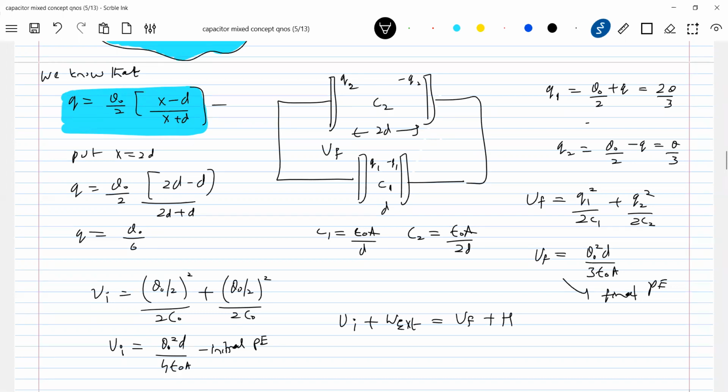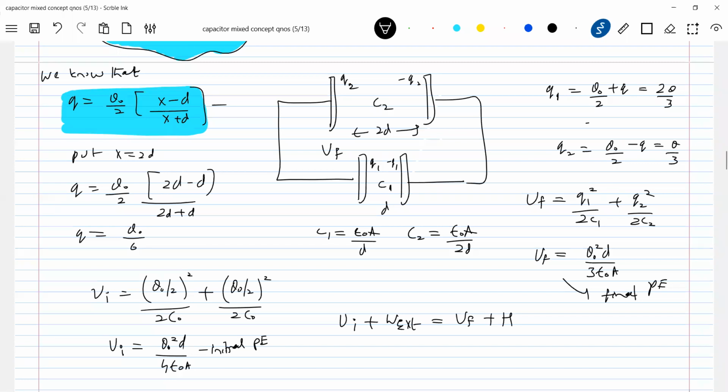Whenever some work done concept comes, there's one basic equation. If you refer to the electrodynamics theoretical book by Irodov, he has put this idea very beautifully: for any capacitor circuit, initial energy of the system plus work done by exchange agent plus work done by the cell should be equal to final potential energy of system plus heat generated.